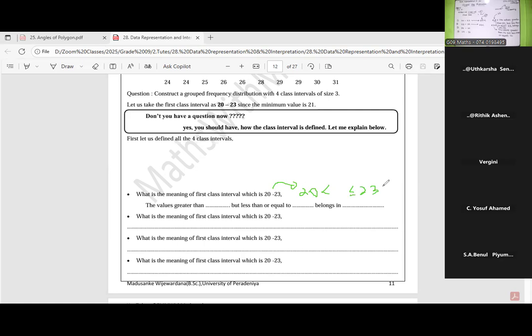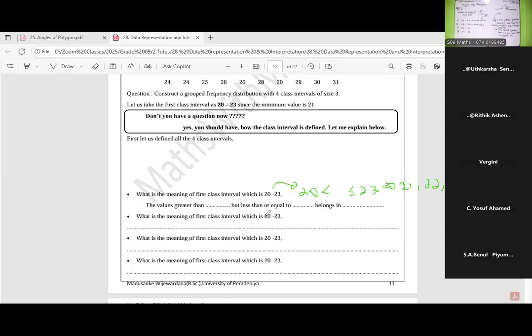So the values that you can put inside this class range are 21, 22, 23. Those are the values that you can put here.